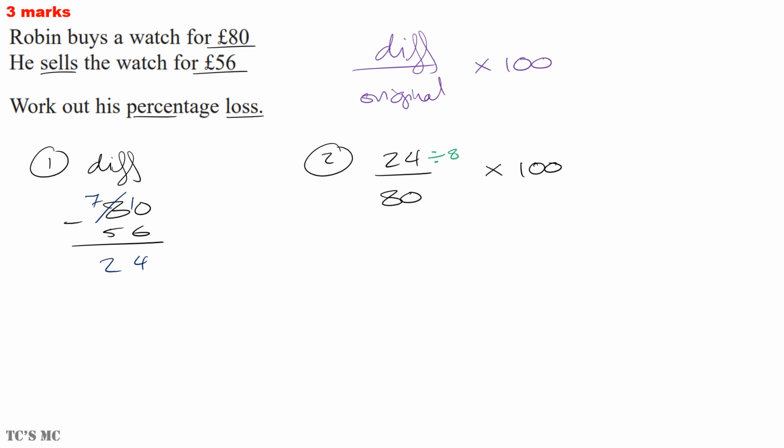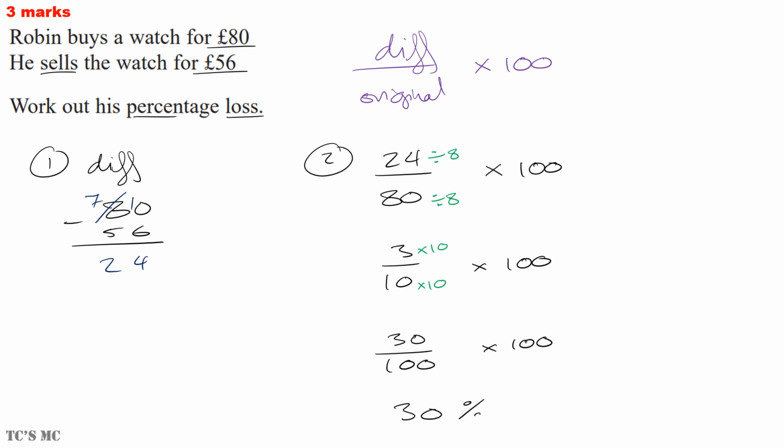If I divide both the numerator and denominator by 8, I get 3 over 10 multiplied by 100. And now I can multiply both of them by 10 to make the denominator 100. That gives me 30 over 100 multiplied by 100. So the answer is 30%, and that is our third mark.